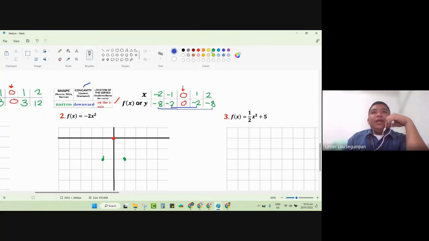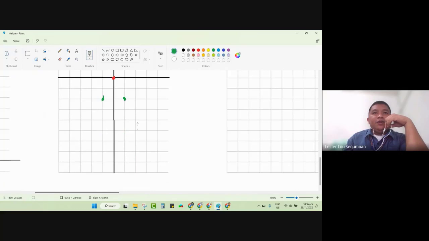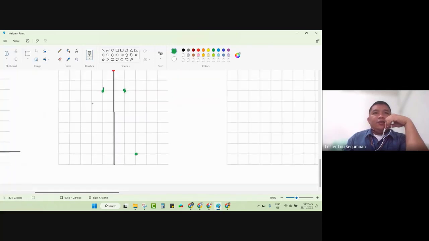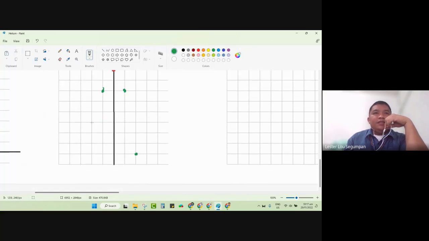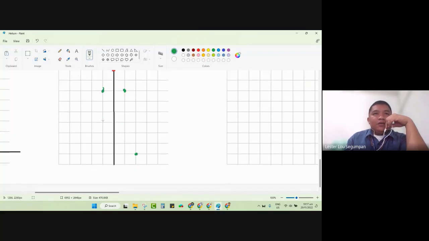And to complete, you have 2, negative 8. Counting 1, 2, 3, 4, 5, 6, 7, 8, the next point is here. And negative 2, negative 8. Let me count again: 1, 2, 3, 4, 5, 6, 7, 8. That's correct.